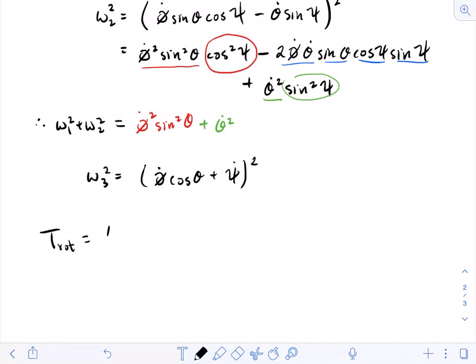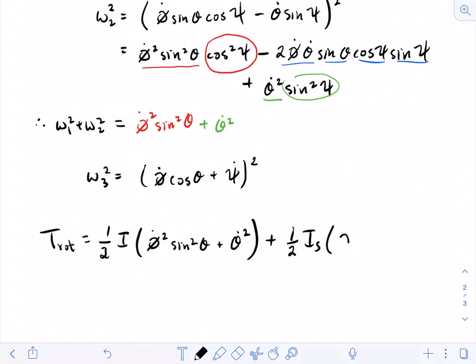So we get a 1/2 of I, and then it was omega 1 squared plus omega 2 squared, which we've worked out to be phi dot squared sine squared theta plus theta dot squared. And then we had a plus 1/2 times the rotational inertia about the symmetric axis, omega 3 squared, and I'm just going to leave that as (phi dot cos theta plus psi dot) squared. So that's our kinetic energy.